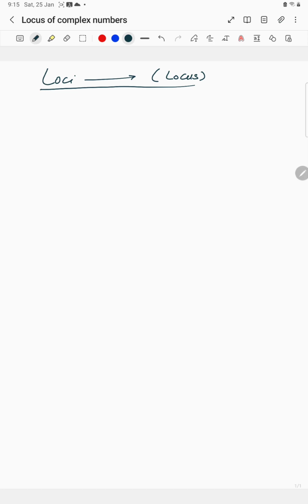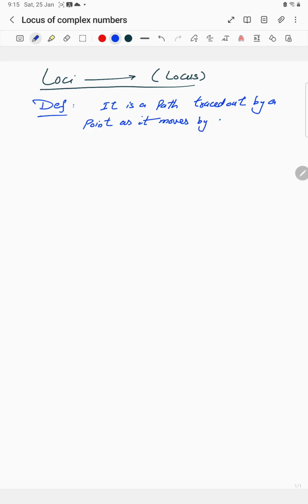By definition, the locus is a path traced out by a point as it moves by following a particular rule.